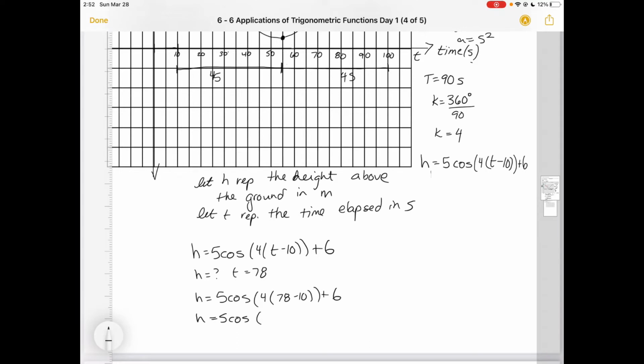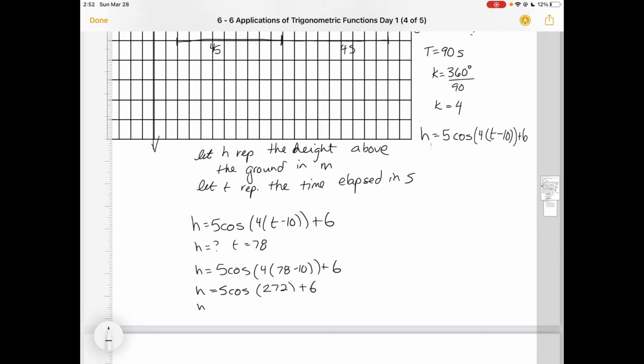Evaluating that using my calculator, I'm going to end up with 5 cosine 272 plus 6, which is going to give me, let's see what that gives me here. So 5 cosine 272 plus 6 is going to give me, I don't think that's the right answer.